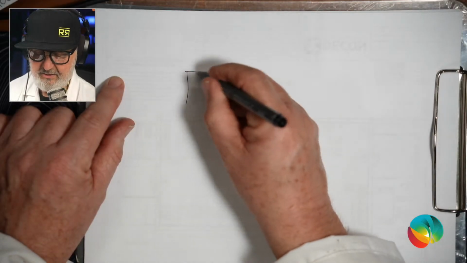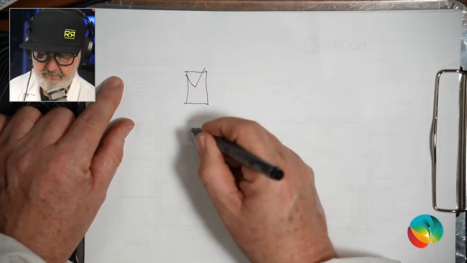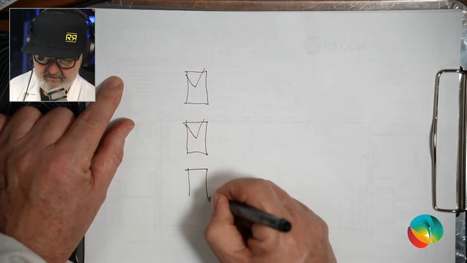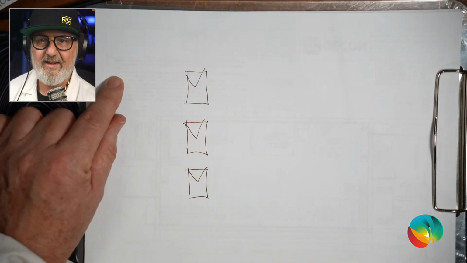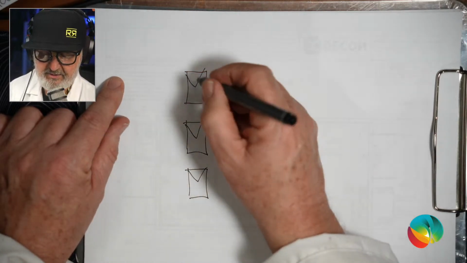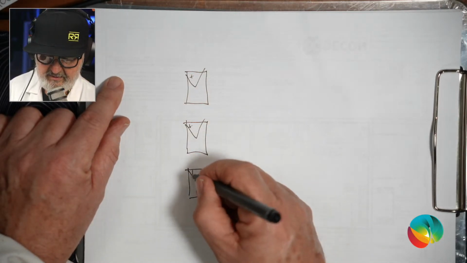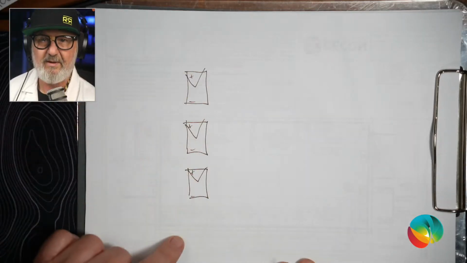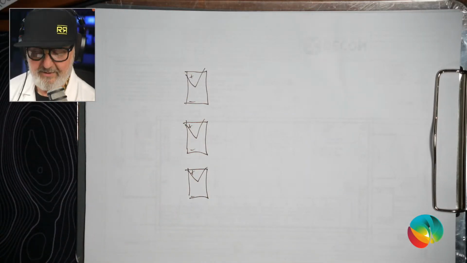So let me just show you how this works. There's one module, there's another module, here's another module. Now, typically in a string system, they're connected in series. So, the positive ends and the negative ends like this, and you just connect them in a daisy chain, right?